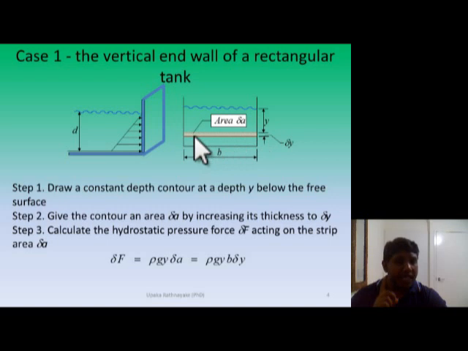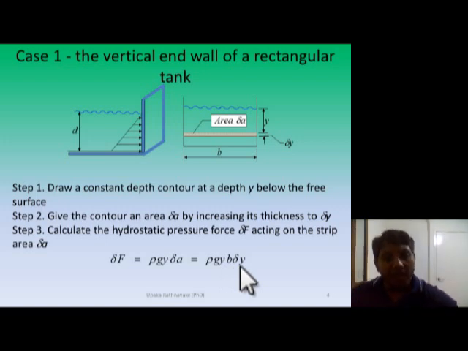Why? Because we are in a contour, and at the same level we have the same pressure conditions for the same liquid. That's the level rule. So our delta F is rho g y delta A, which is equal to rho g y b delta y.